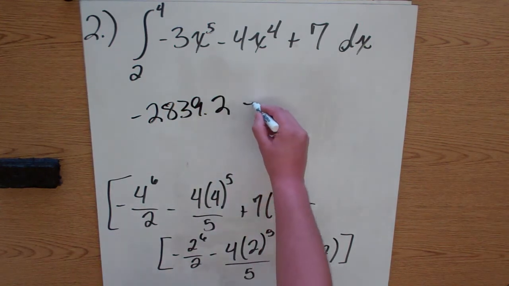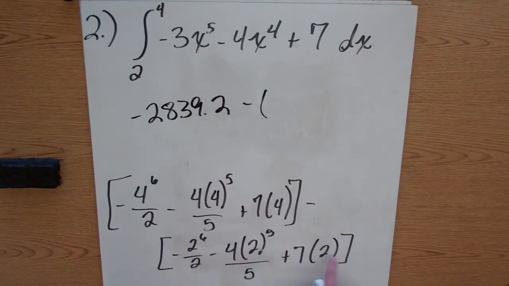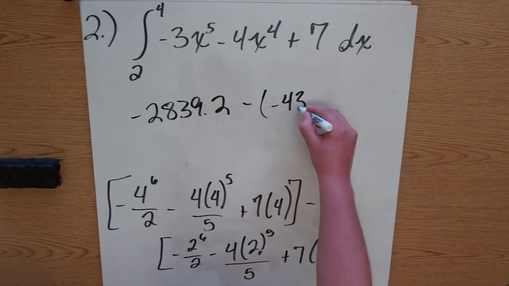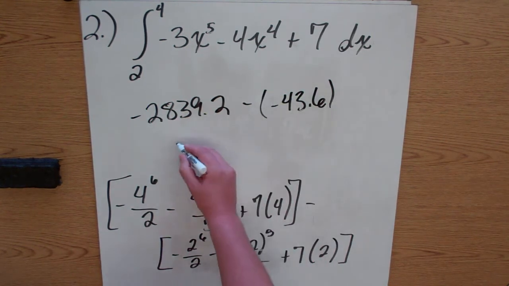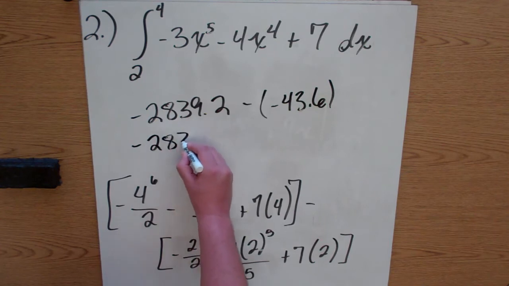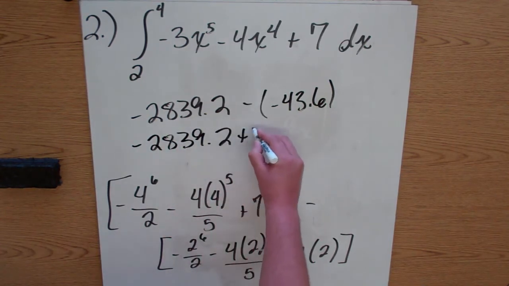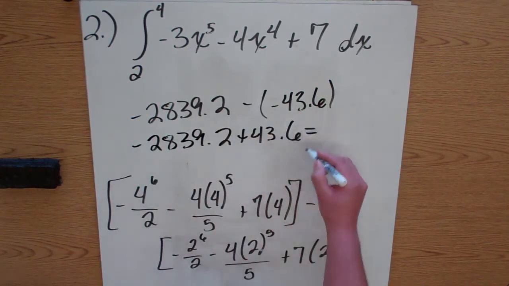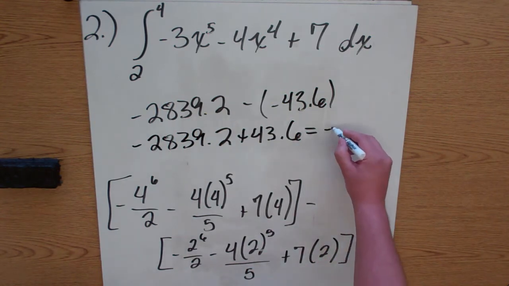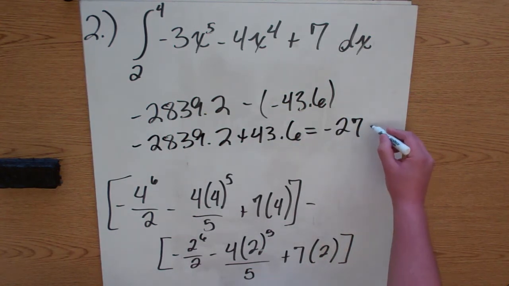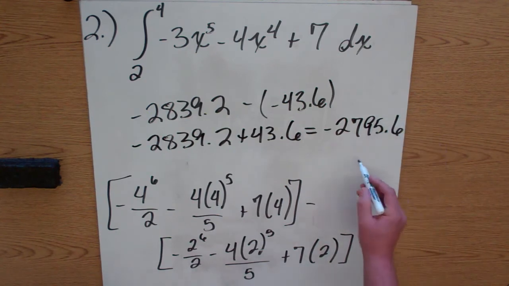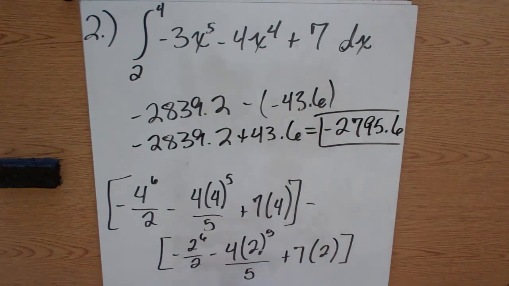And you're going to subtract from that what this gives you when you evaluate it at 2, which is negative 43.6. Of course, minus a minus, so it's going to be negative 2839.2 plus 43.6, and that is going to equal negative 2,795.6. And that is your final answer for number 2.